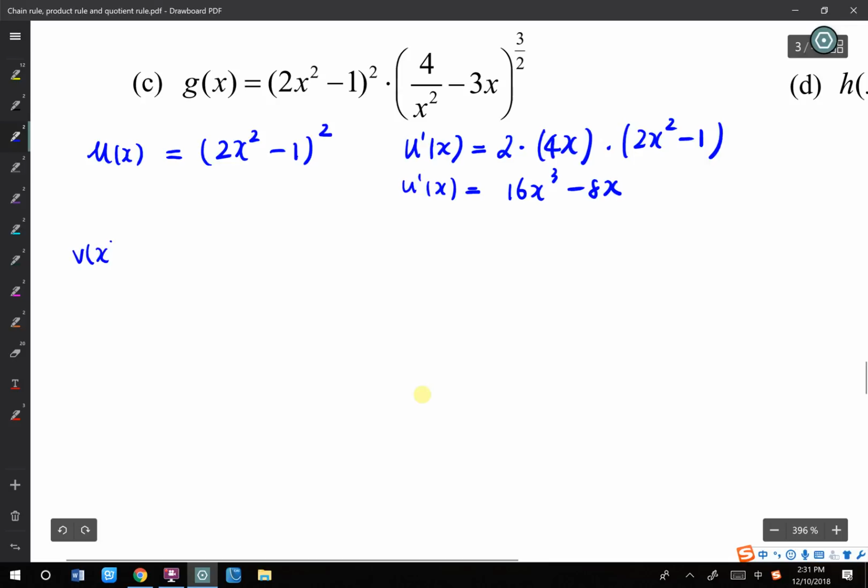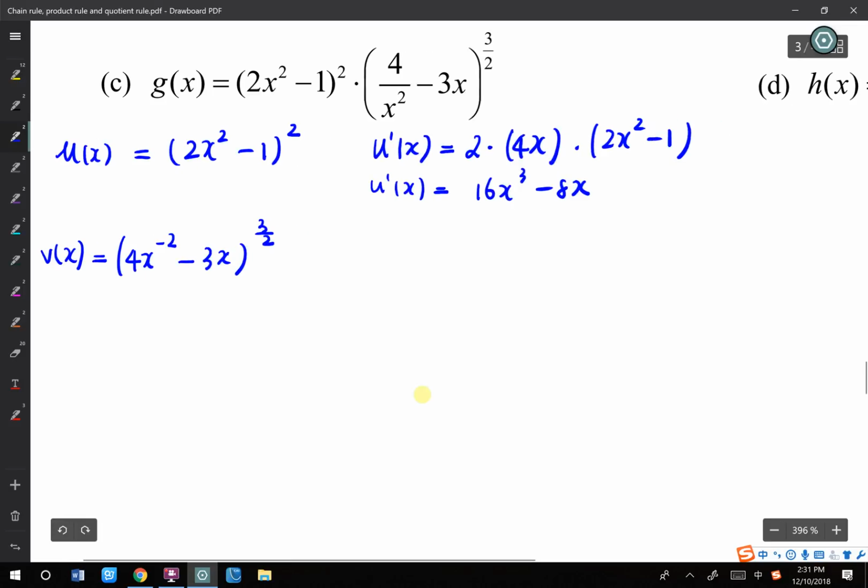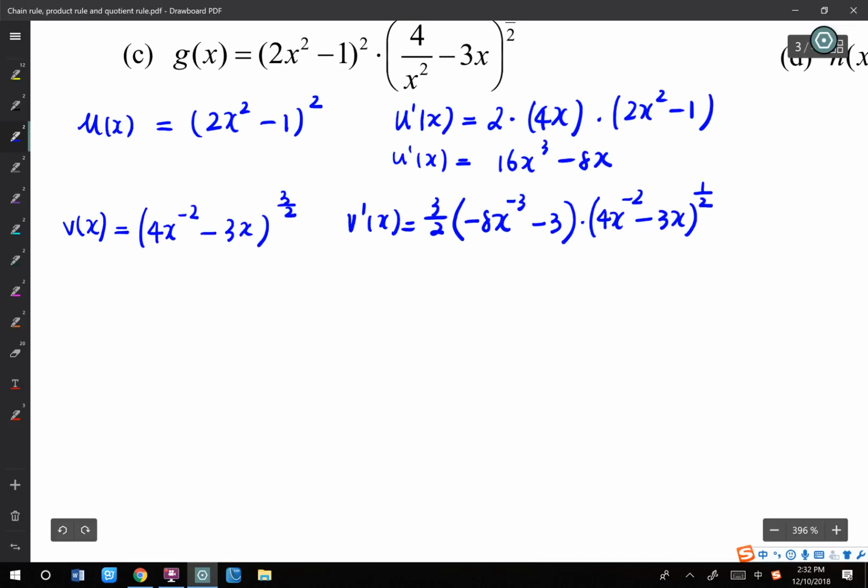And we can say v(x). v(x) equals (4x to the power of minus 1 minus 3x) to the power of 3 over 2. So v dash x equals 3 over 2 bracket, derivative of the inside, minus 8x to the power of minus 3 here, and then (4x to the power of minus 2 minus 3x) to the power of a half. 3 over 2 minus 1 gives you a half.